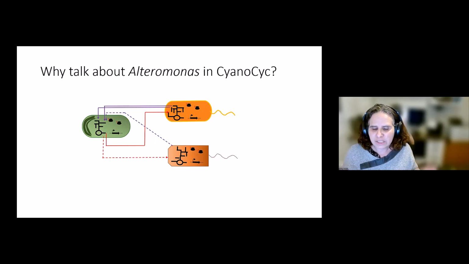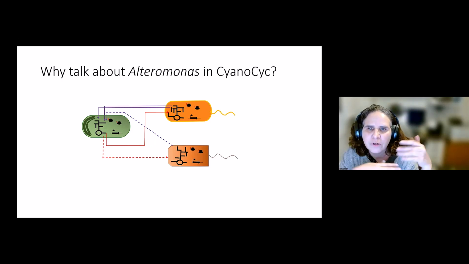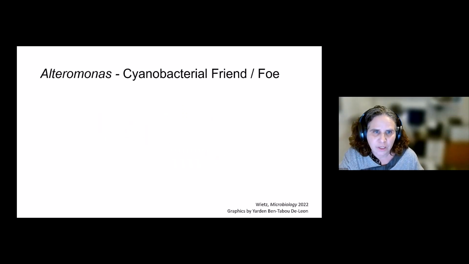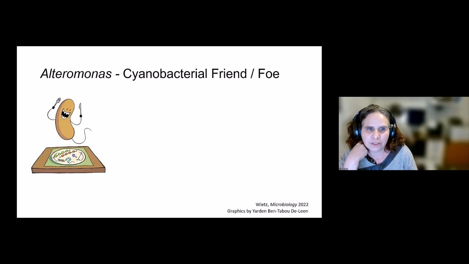And it is interesting to understand the metabolism of Alteromonas so that we can better understand the interaction between the two. That was my motivation, as someone studying Prochlorococcus, for this workshop.